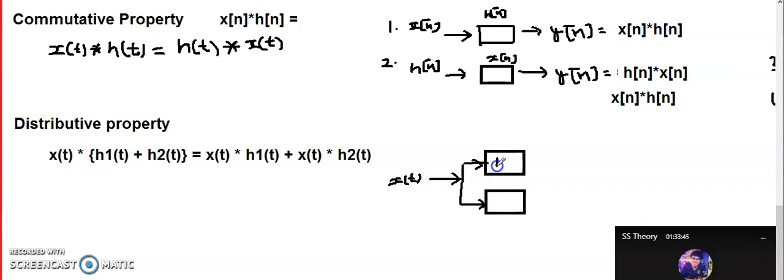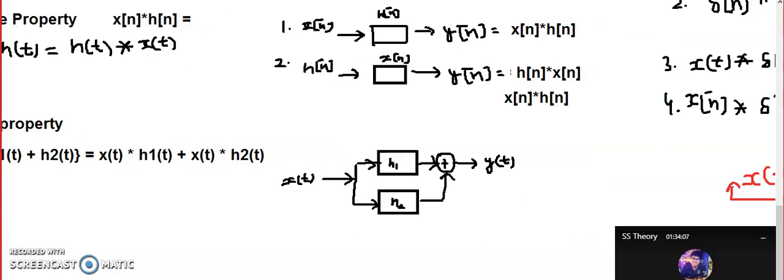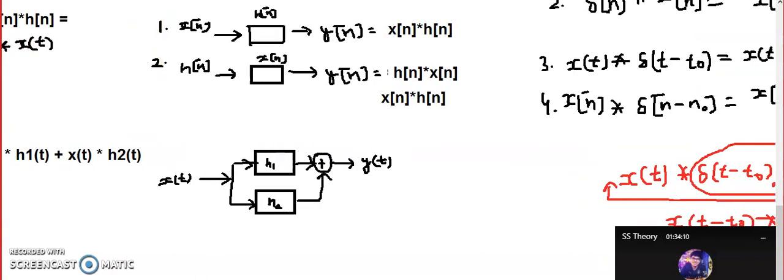This is h1(t) and this is h2(t), और ये दोनों सम हो रहे हैं ऐसे, प्लस, like this. ओके, तो जो आउटपुट आएगा y(t), it will be same as that obtained by a system whose impulse response is h1(t) plus h2(t). यानी कि इसमें अगर हमने इनपुट दिया x(t) तो भी हमारा आउटपुट आएगा y(t).